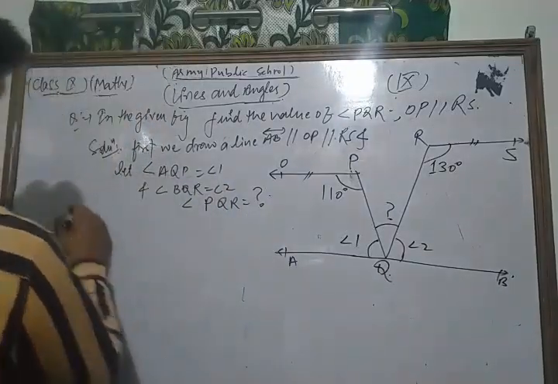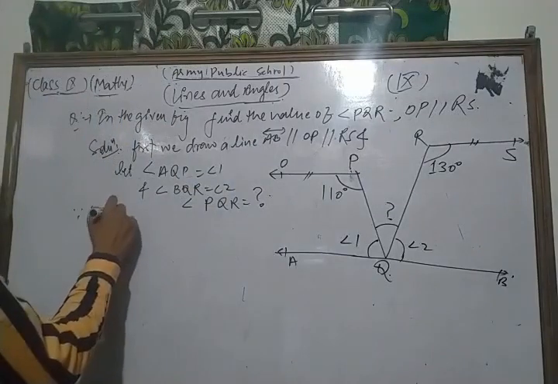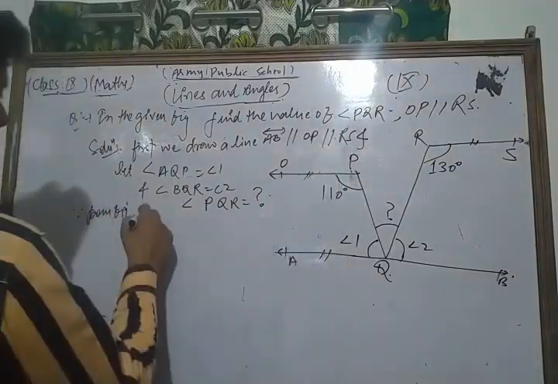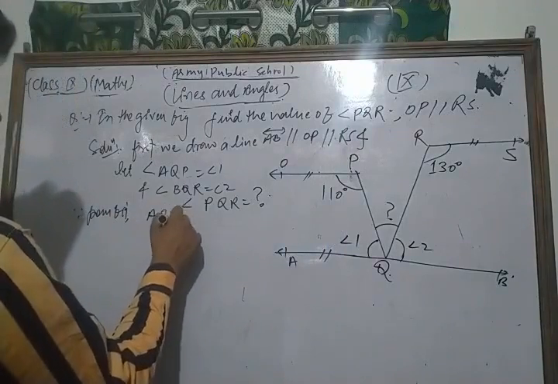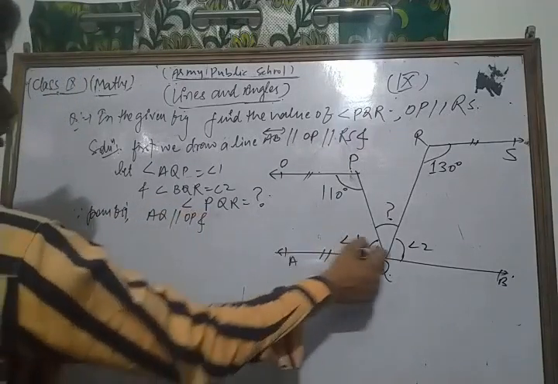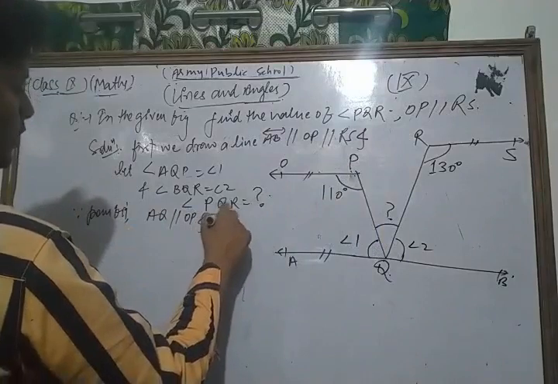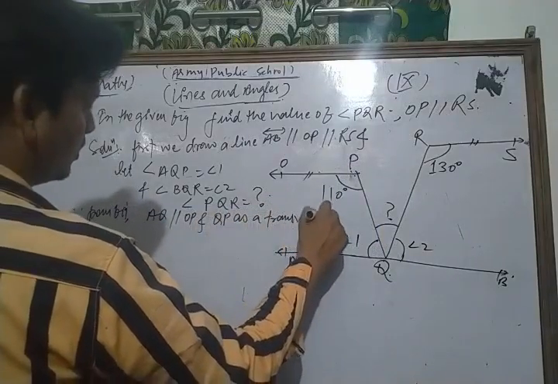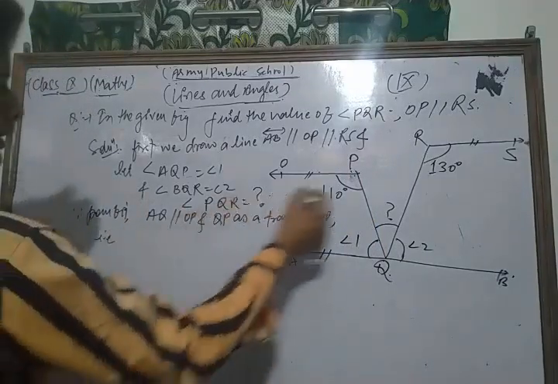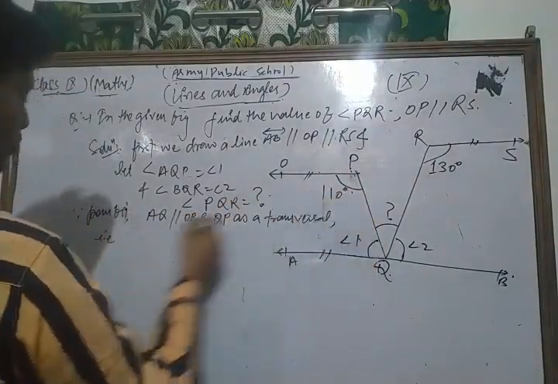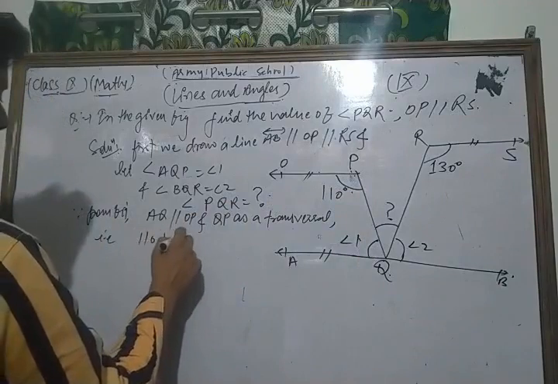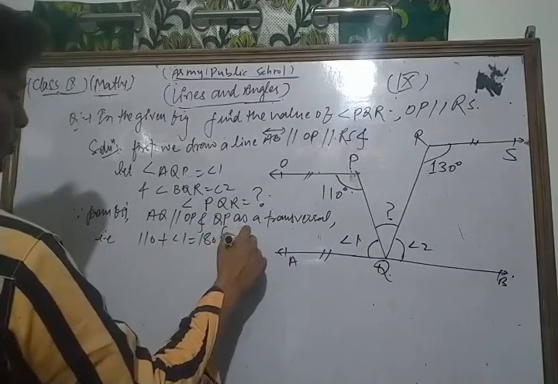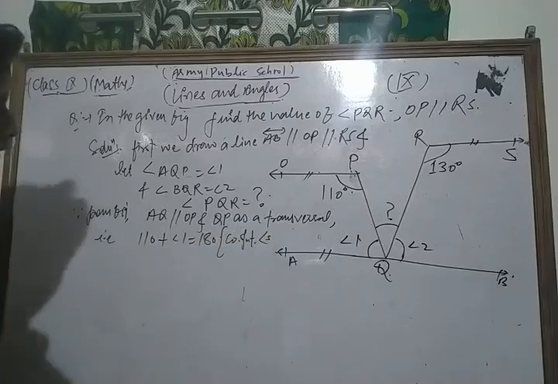Since, from the figure, AQ is parallel to OP and QP is a transversal, they form co-interior angles. So 110 plus angle 1 is equal to 180, because these are co-interior angles.